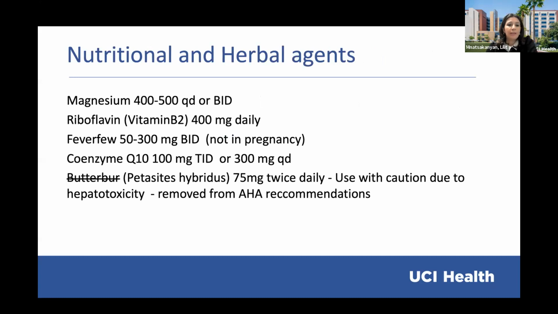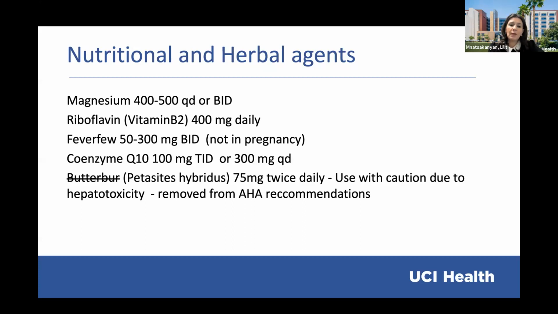Just a reminder that there is also another group of agents available, nutritional herbal agents for preventive therapies. These have some evidence, not very strong evidence, but magnesium in combination with riboflavin is an option. Typically one has to try about 3 months before seeing specific efficacy or not.